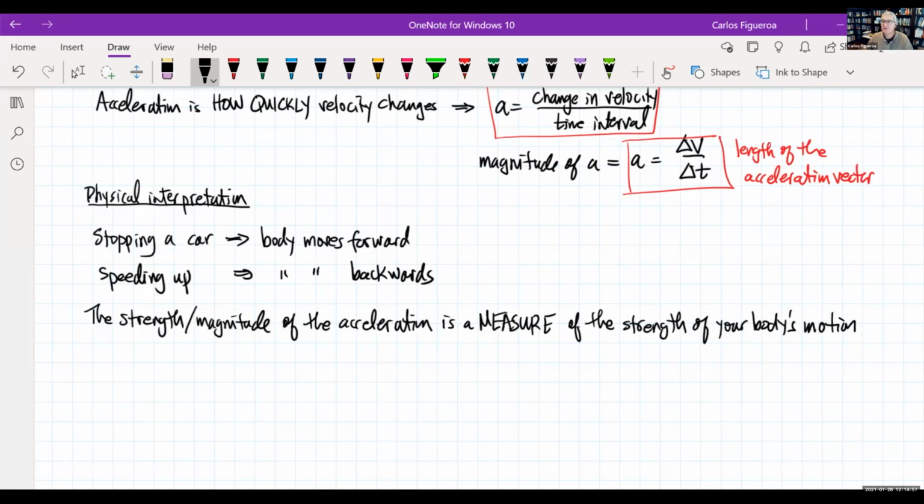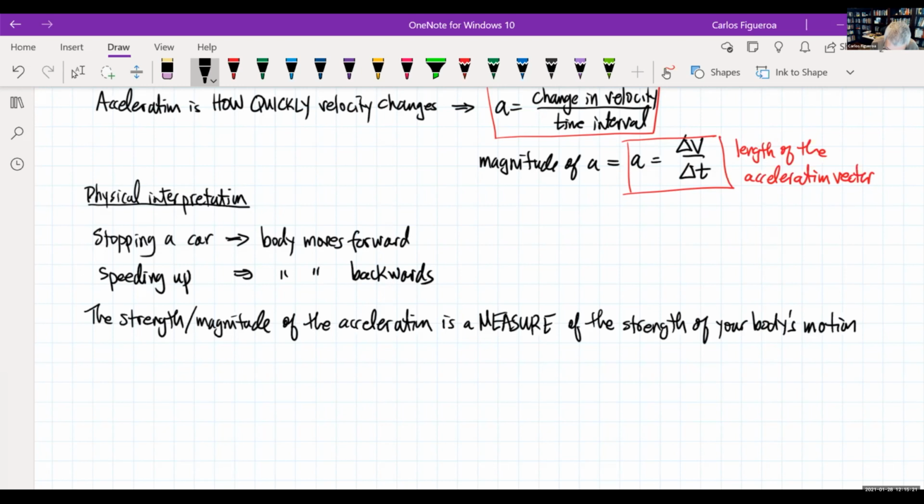I'm sure there's a much better way to put this, but that's what's coming to the top of my head. The magnitude of the acceleration is a measure of the strength of your body to want to keep moving forward or to want to go backwards. And what I mean by this here is, look what happens.